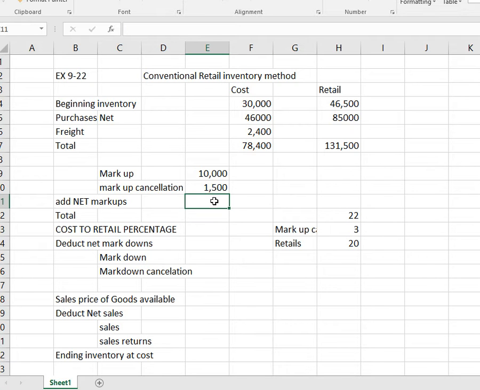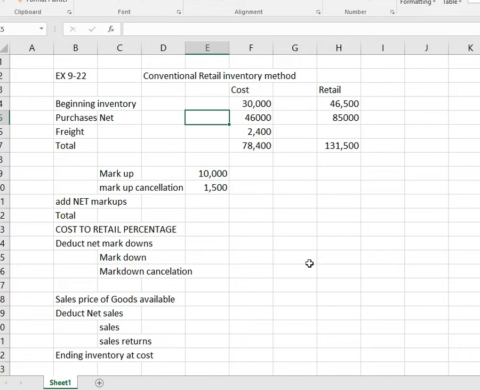So I'll include my net markups in my retail over here, and then we'll calculate this percentage, and then we can deduct these net markdowns and go from there. You know what a net markup and net markdown is. These were your beginning inventory at cost and beginning inventory at retail. We're going to add our purchases, but this is a net number.